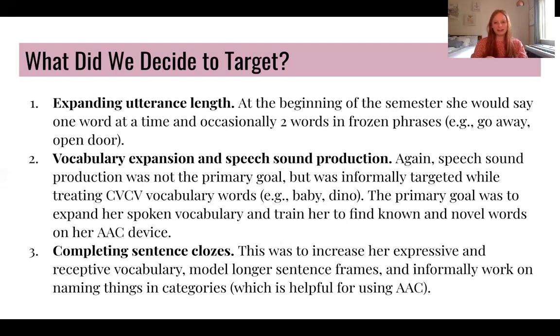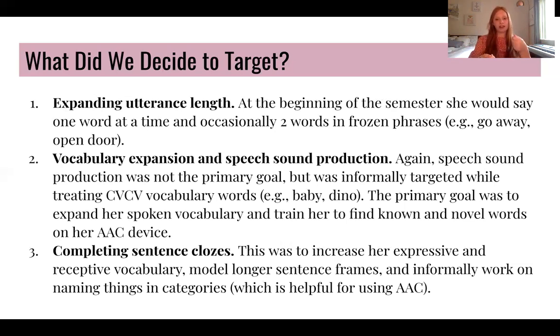So we would have a couple of different body parts, like a tongue and a hand. And I would say, you taste with your, and she could see the two options of tongue or hand. She would have to hear, taste, and pair it with the correct body part. But we didn't want to just leave it as an open-ended question of you taste with your and have her try to think through every possible body part. So that's why we gave her the two options.